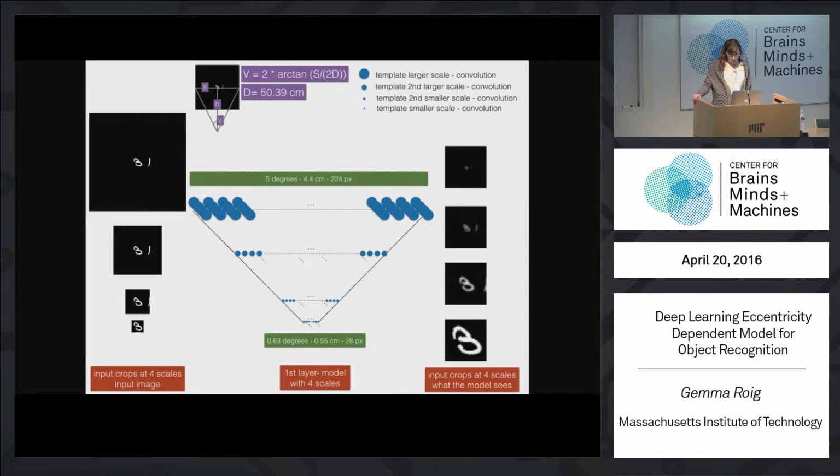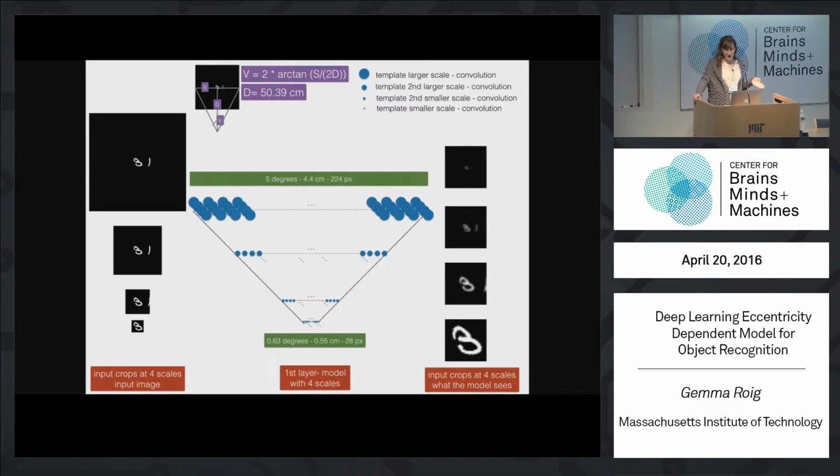We use a model that has this kind of shape, an inverted pyramid. Given an image, it crops the image at several resolutions. Where we fixate, we have the smaller crop with high spatial frequency resolution, and at the highest scale, we have lower resolution.